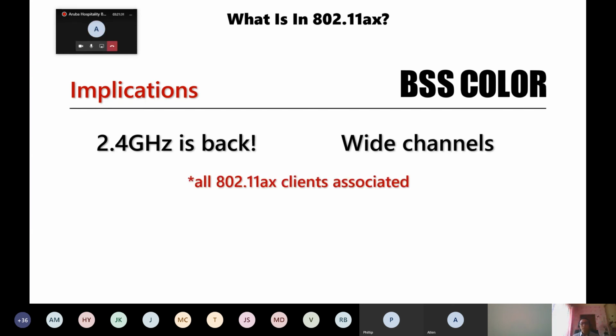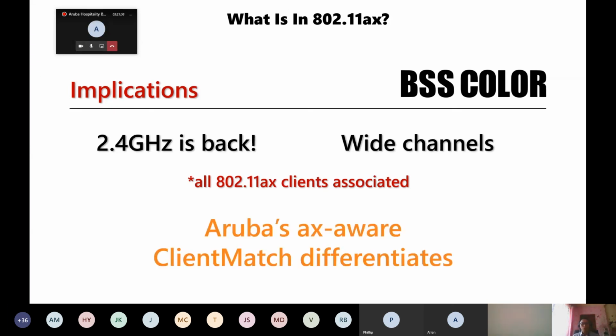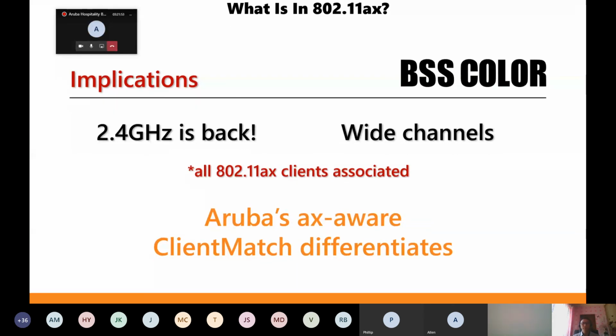You potentially can also use wide channels like 80 megahertz, 160 megahertz. And Aruba has AX-aware client match that differentiates, and helps to move the AX clients to the AX APs, enabling all these capabilities on the AX technology.